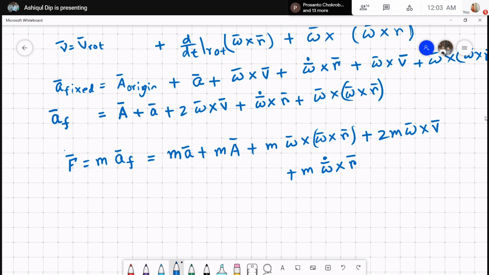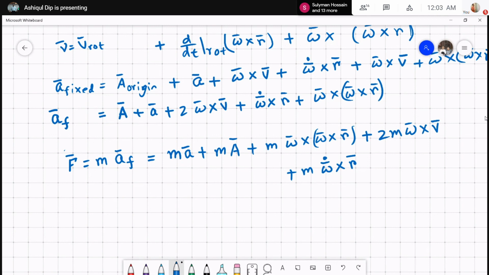Angular acceleration. Angular acceleration seen by who? Seen by the rotating observer. Actually, these are the same. I did not prove that. Okay, let it be just single dot.